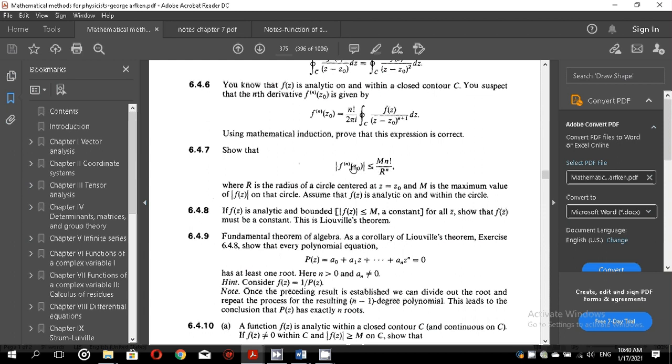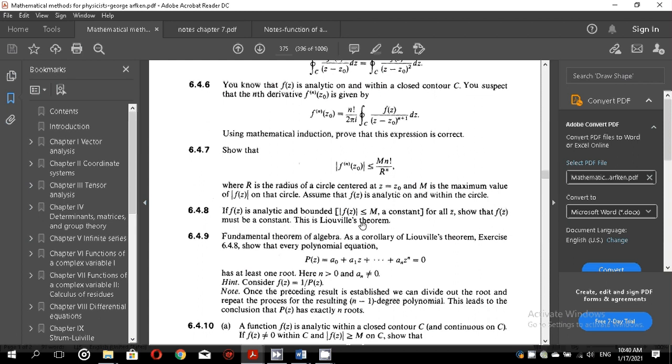Okay, we will use this Cauchy's inequality in the next exercise 6.4.8, that if f of z is analytic and bounded, then the absolute value of f of z is less than or equal to M, a constant, for all z. So if the function f of z is analytic for all z, then show that f of z must be a constant.